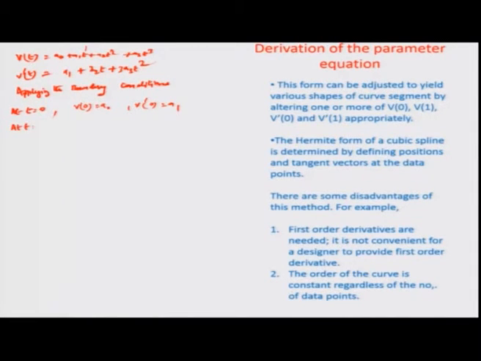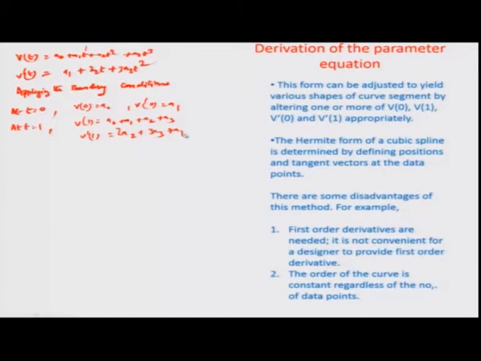At t equals 1, v1 becomes a0 plus a1 plus a2 plus a3, and v dash 1 simultaneously becomes a1 plus twice a2 plus thrice a3.